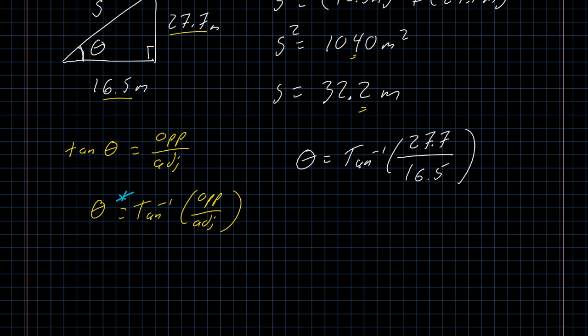On some calculators, you hit the second key and then the tangent button. But we want to take the inverse tangent of 27.7 divided by 16.5. My calculator tells me that that is 59.219, etc. degrees. I'm going to go ahead and round that to 59 degrees. That seems like a good place to do so.